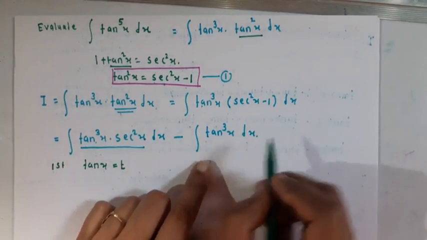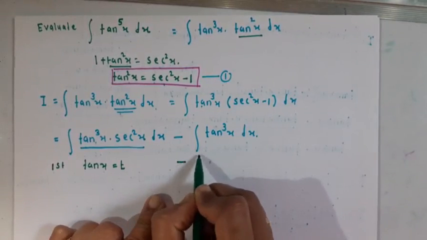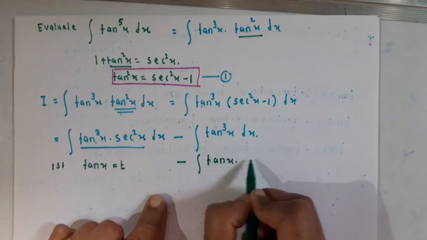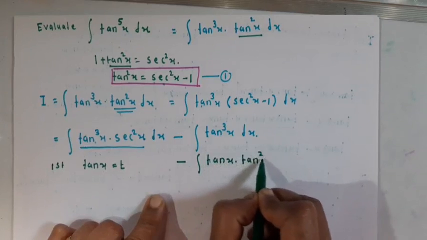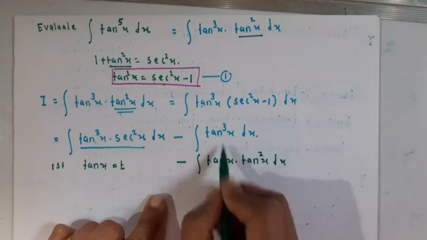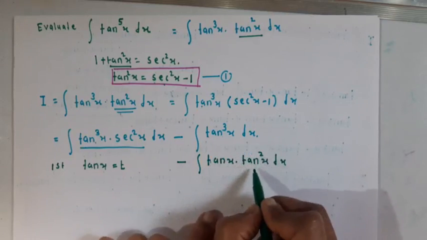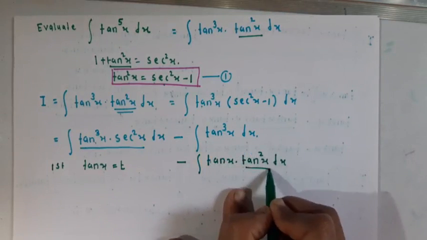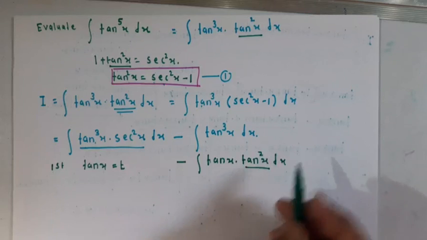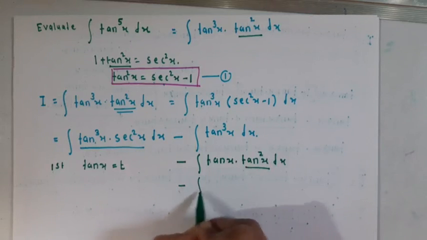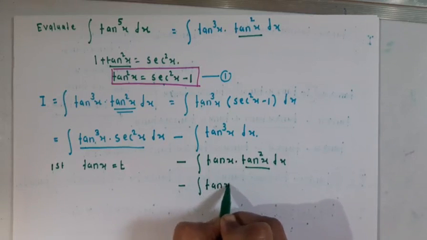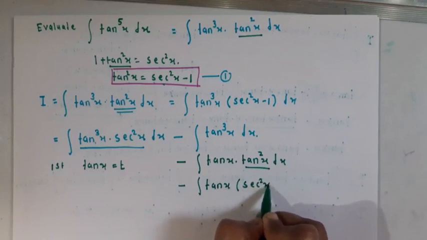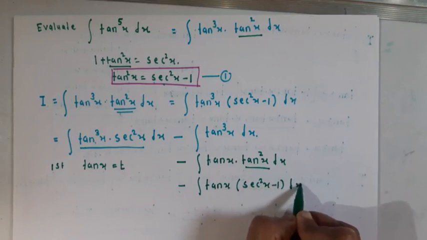But for the second term, first we have to write tan cube x as tan x into tan square x. Why? Because we can also write tan square x in terms of sec square x. And this is minus tan x into tan square x, that is sec square x minus 1, with respect to x.